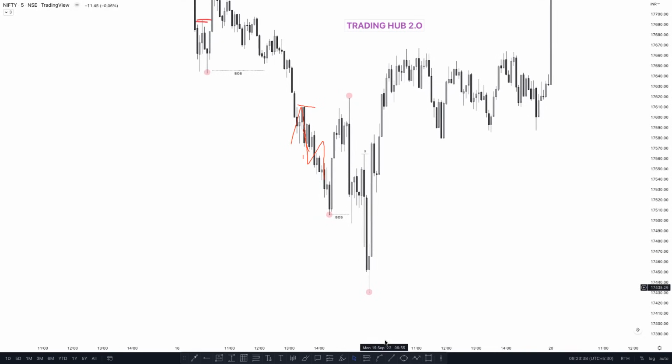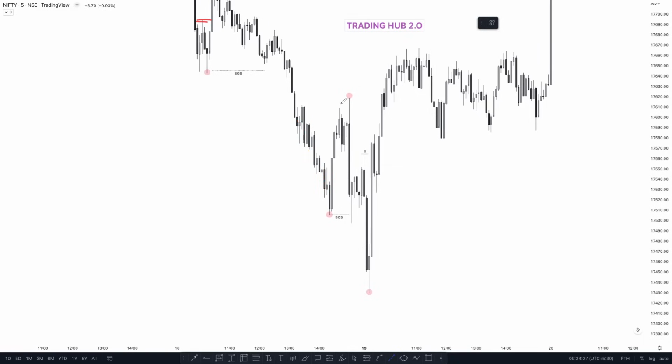Actually, if you can see here, this is a pullback, a valid pullback. And if you know, a valid pullback is identified in a bearish market when a candlestick breaks the previous candle high, that's called a valid pullback. In a bullish market, when a candle breaks the previous candle low. Okay, so in this case, you can see the market broke the previous candle high at this point, which you marked also.